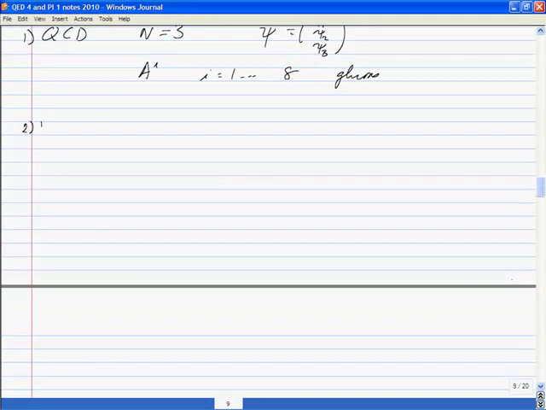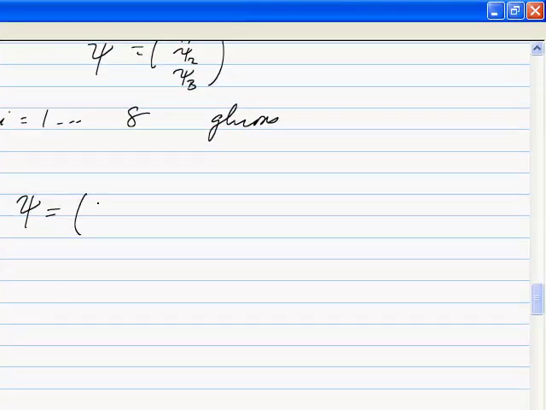And then the other application is the weak interactions. Here, n is equal to 2, so it's SU(2). The psi are doublets: up quark, down quark sit in a doublet, neutrino and electron sit in a doublet, charm, strange, etc. They're doublets where the upper and lower ones are fields that we see having a different electric charge by 1 unit.